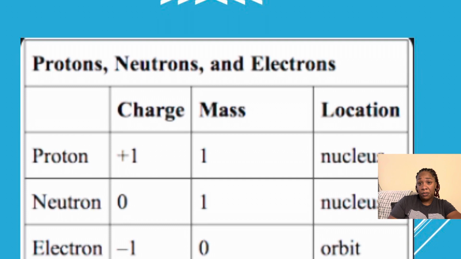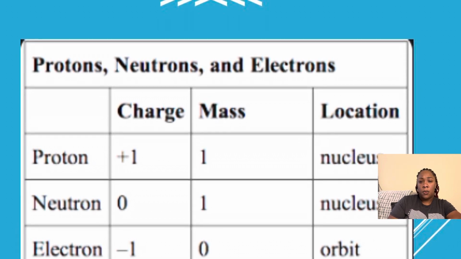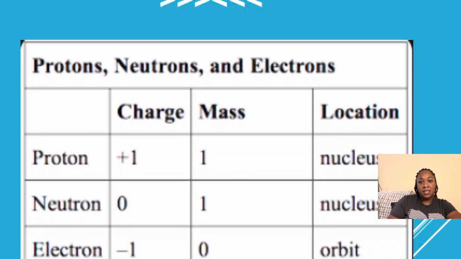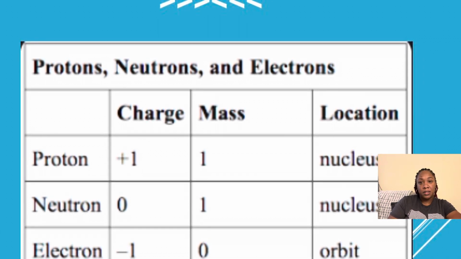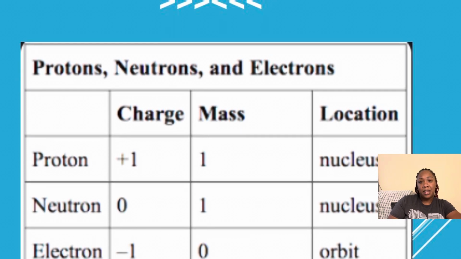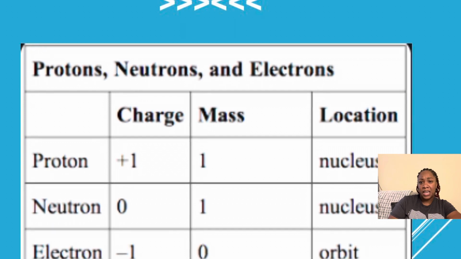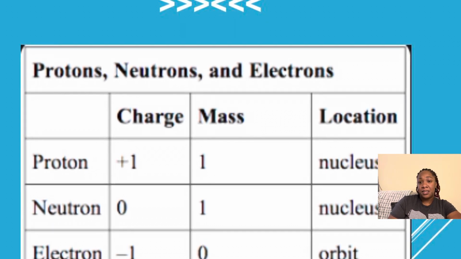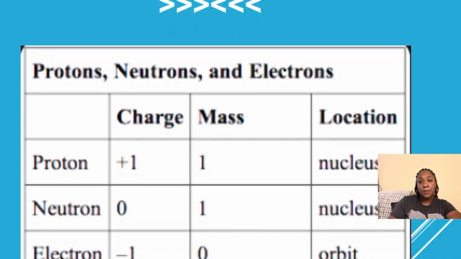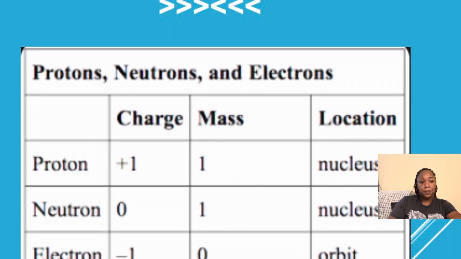Based on the level of chemistry, you may talk about energy shells or you may talk about orbitals, one and the same. But the point is the electrons are in orbit, going around the nucleus, and they're able to stay in their place because they have a negative charge. The nucleus is positively charged because of the presence of the protons, so the protons are keeping the electrons attracted to the nucleus.